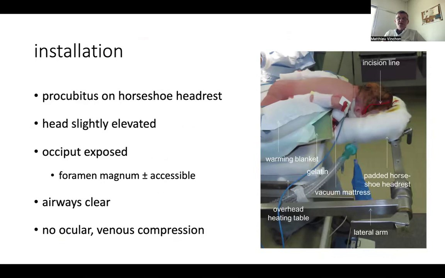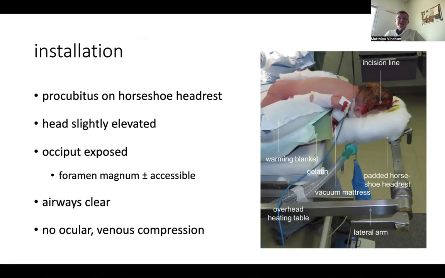The installation is prone on a horseshoe headrest, so it may be difficult to find a horseshoe small enough to adapt to the child, because the incision line, as you can see, is rather anterior, because we may need to expose the occiput as well as the parietal bone, and we have to anticipate that in the future the baby may need another surgery for anterior decompression.